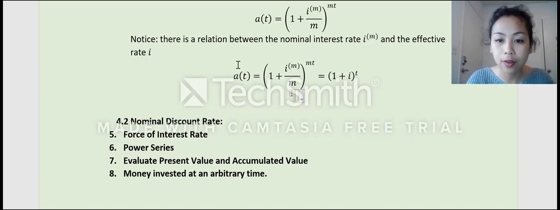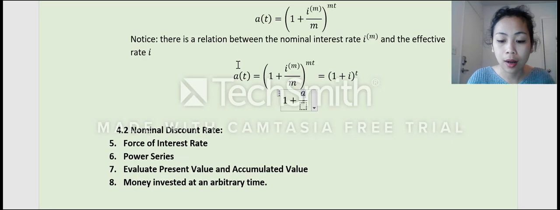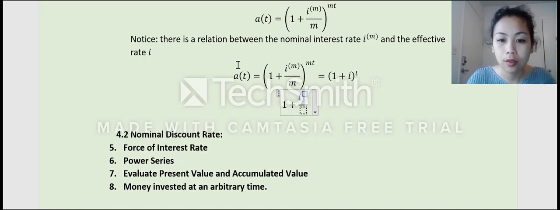So we have (1 plus i^(m) over m) equal to (1 plus i) to the power 1 over m.